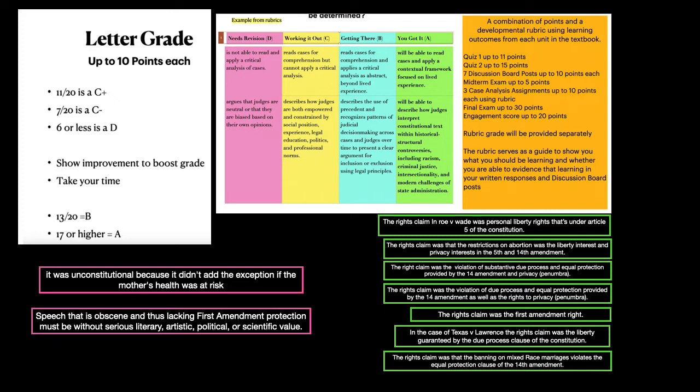Each of these is worth 10 points, so not a huge impact on your grade, but enough to give you a signal as to whether you're improving. Hopefully your grade improved over the three sets, even if you were struggling. Again, this is one part of the exam where you're going to do an analysis and a long response, and I want you to be able to do it, but it's not a huge impact on your grade.